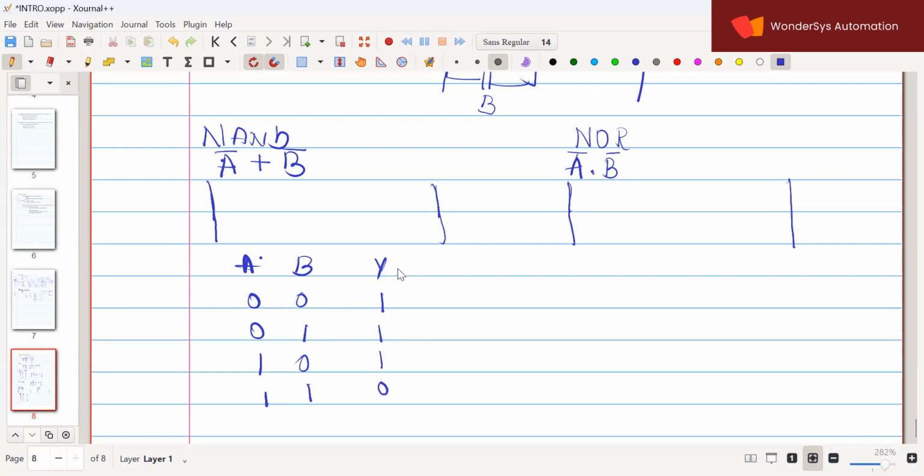Okay, so now see, for the not conditions, the output is high. Whenever you are not able to realize any condition, just check whether it has a plus or a dot. If plus is there, then it will be a parallel connection. If it has a multiplication operation, then it will be a series. So there are many different ways to recognize it.